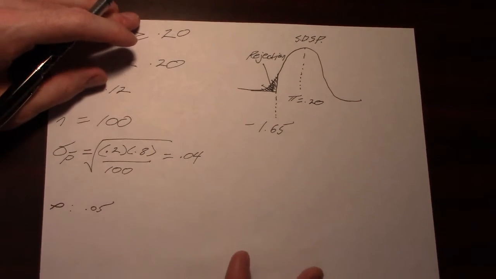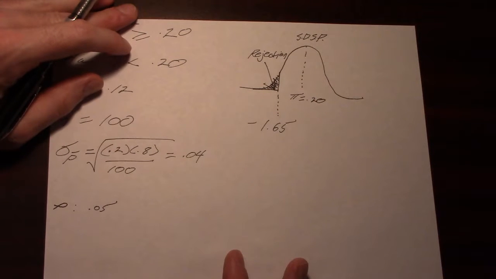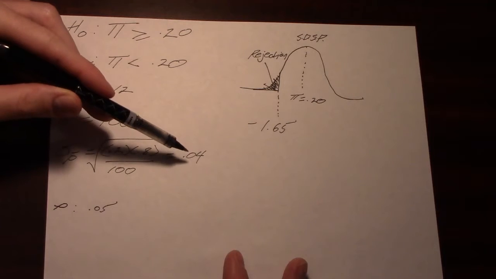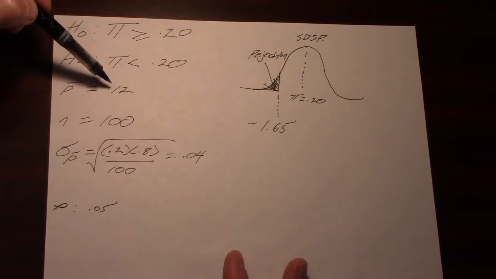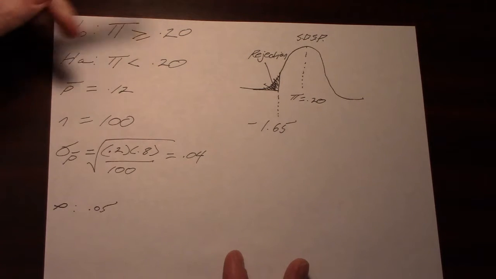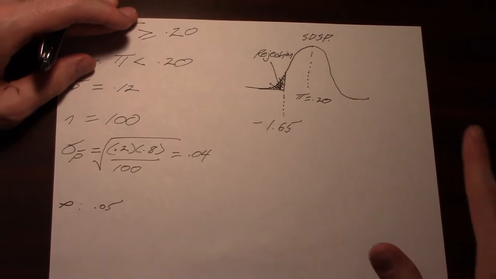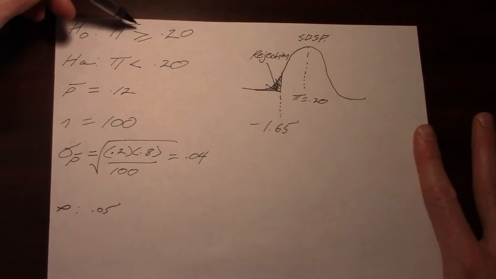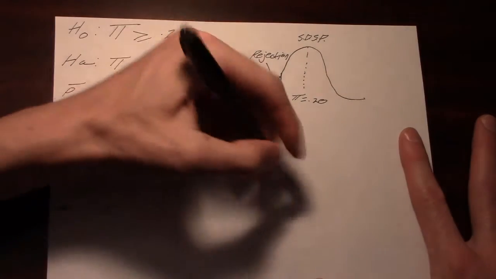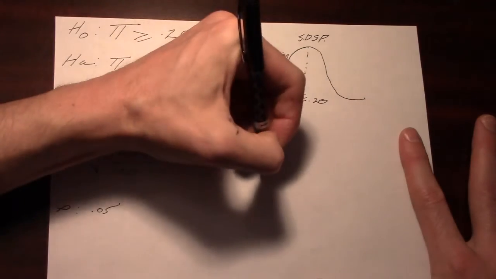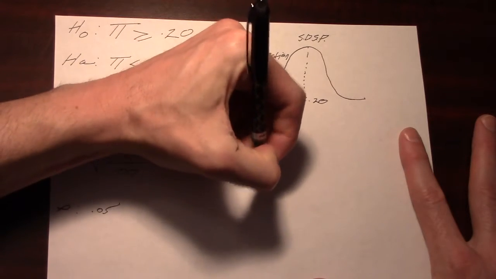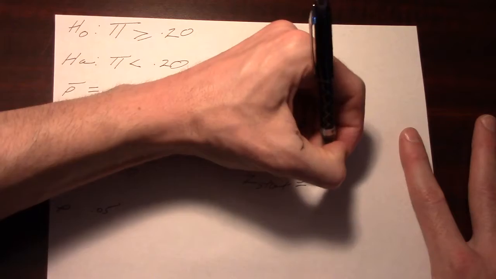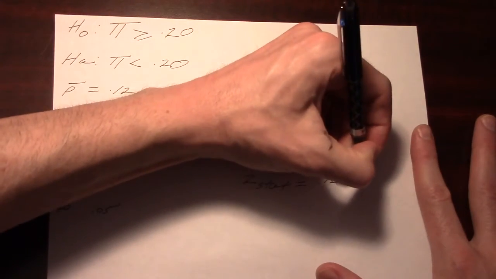We like that. So now let's calculate our test statistic. Find out how many of these standard errors this sample proportion is below the assumed population proportion under the null hypothesis. So let's calculate our z-stat: 0.12 minus 0.2.